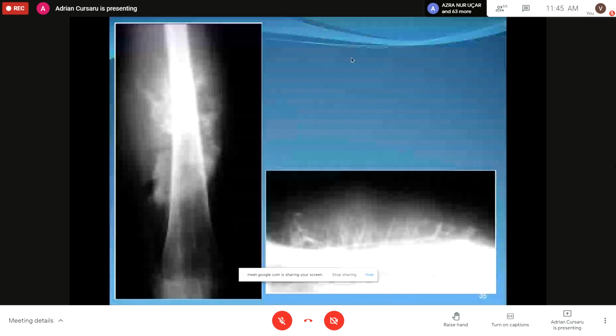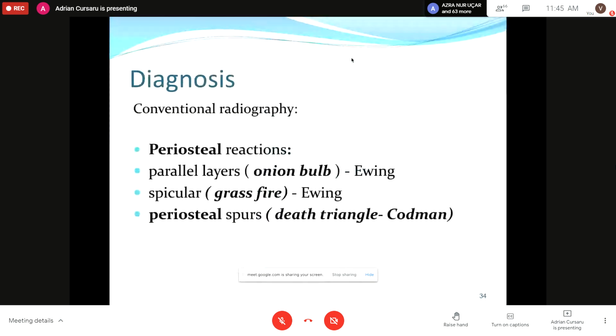On conventional radiography, you can see the periosteal reactions. In some cases, for some types of tumor, for example Ewing tumor, you can see the onion bulb sign, and I will show you on X-rays. You can see some spiculated periosteal reaction, like a grass fire.